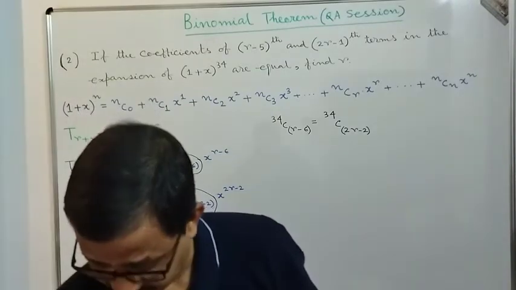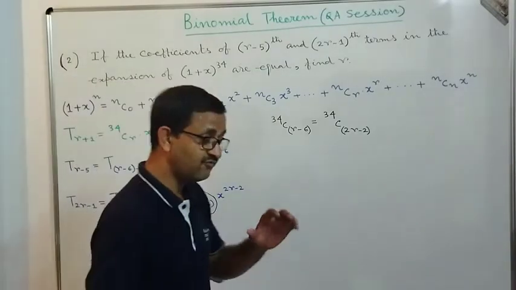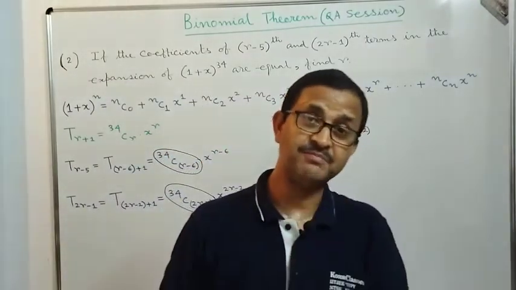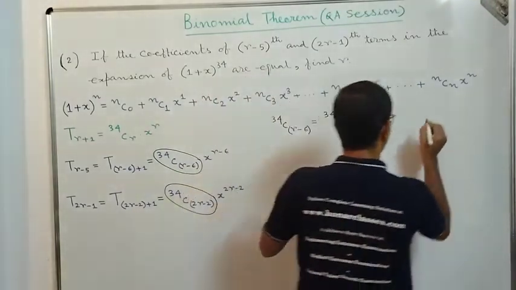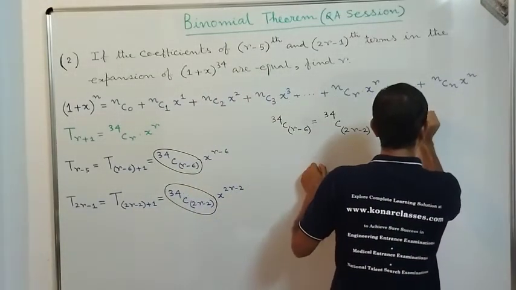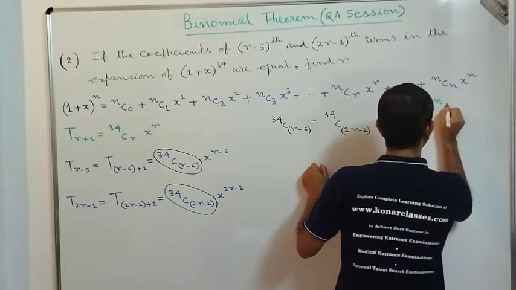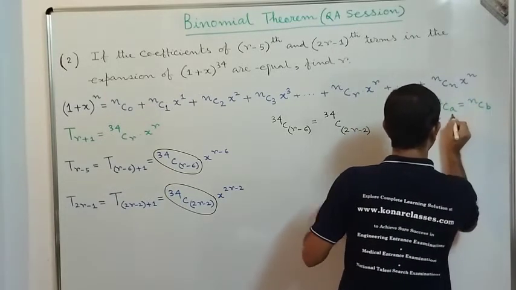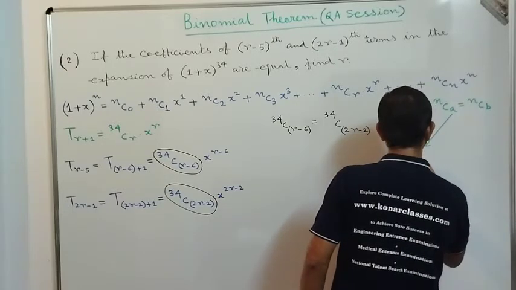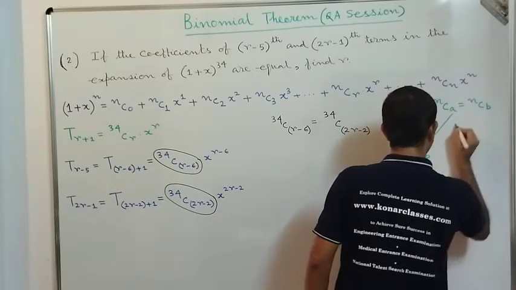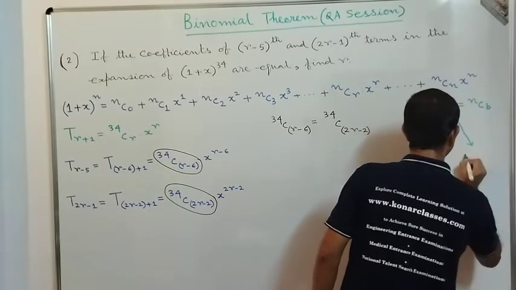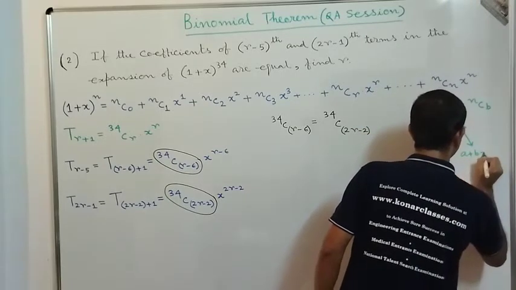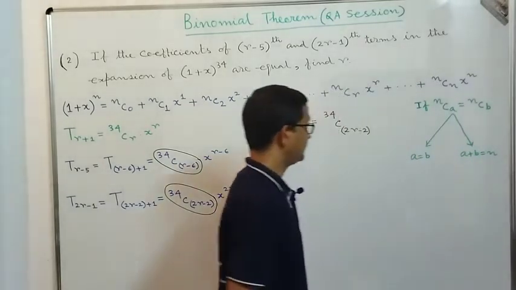Now dear students, I am going to tell you the formula we learned during permutation and combination days. If nCa is equal to nCb, then what can you conclude? You can conclude either a equals b, or a plus b is equal to n, correct?